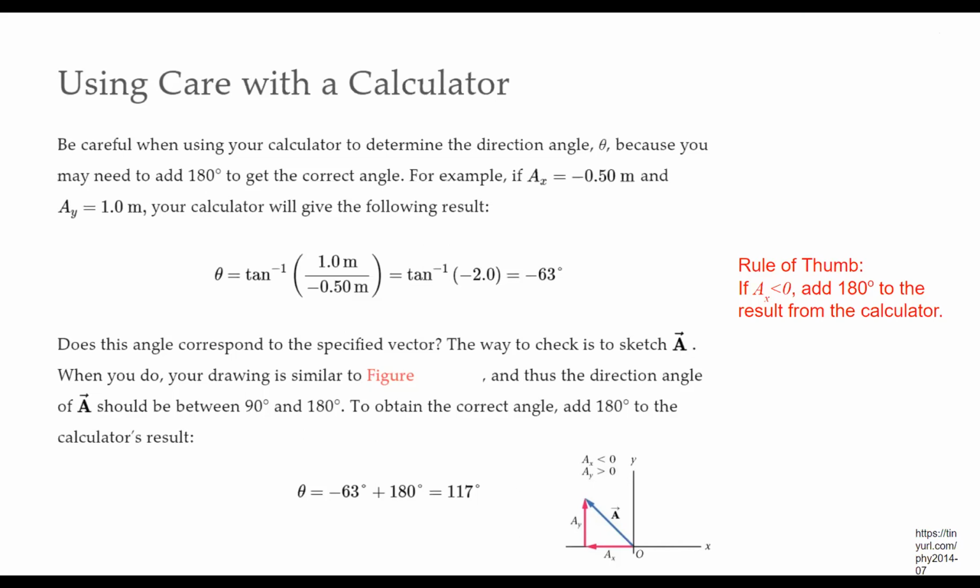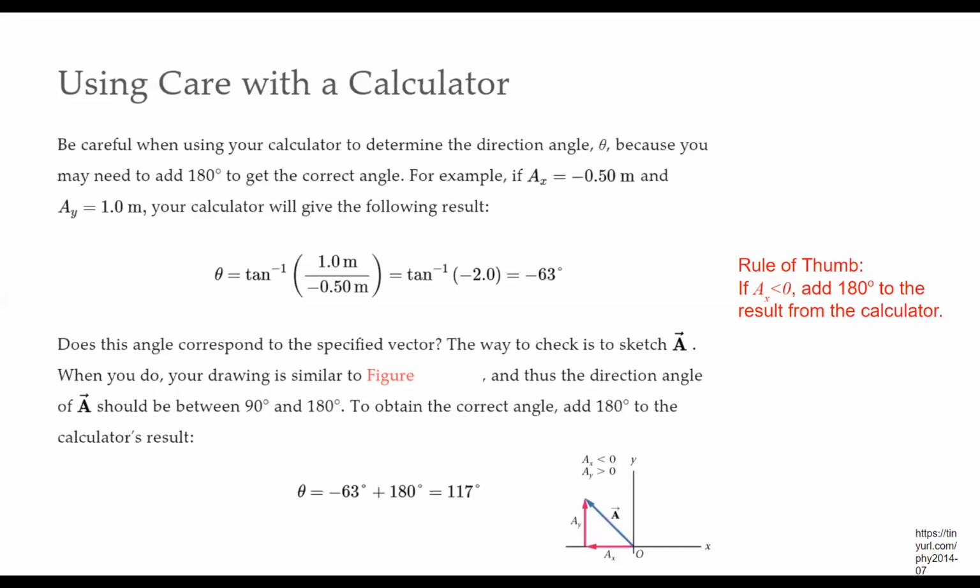When you have one component that is negative here, and you say tangent inverse in your calculator, it's going to calculate this over this first, so that becomes -2. Now tangent inverse of -2 doesn't have information about whether this is negative or that is negative. It could be -1 divided by 0.5, which also gives you that. So by default the calculator will not distinguish that.